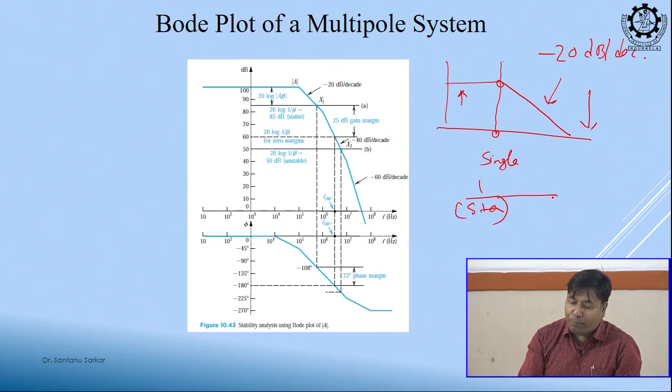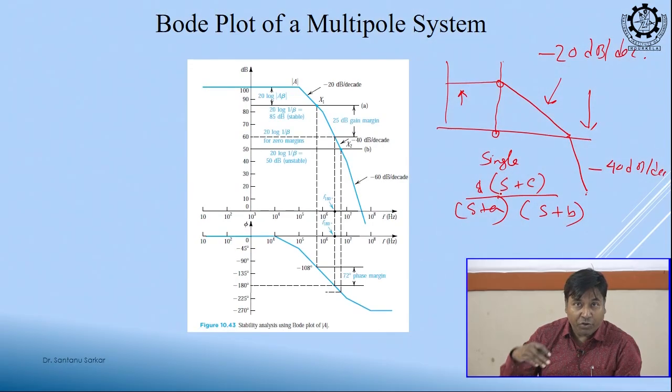Now, if I have two poles, it falls by 20 dB per decade, and after that it falls another 20 dB. So what will be my slope? Minus 40 dB per decade. Say at some frequency I have a zero, the zero will add up, so it will again be plus 20 and the slope will become minus 20. Getting my point?